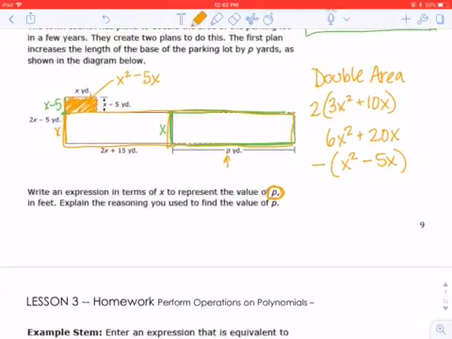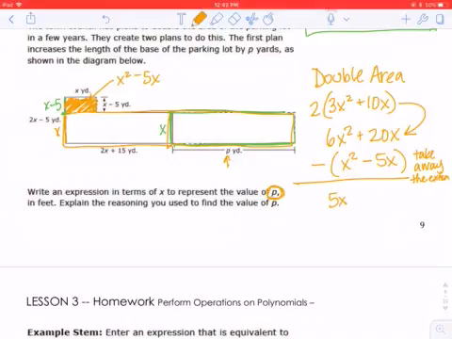This is my double area, and then I'm going to take away the extra. 6x squared minus the x squared leaves me with 5x squared. And the minus 20 turns into a plus sign: 20 plus 5 is 25x. So that is the area of the 2 long pieces.